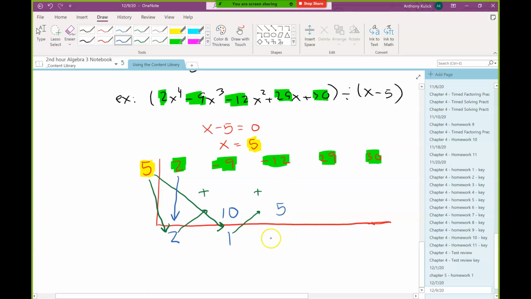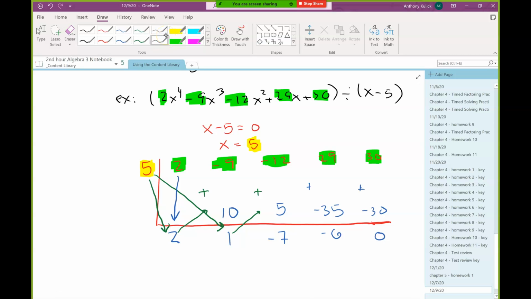Negative 12 plus 5 is negative 7. And we keep repeating, so 5 times negative 7 is negative 35. We add down, that gives us negative 6. And 5 times negative 6 is negative 30. 30 plus negative 30 is 0. And we're done. Synthetic division is now over.